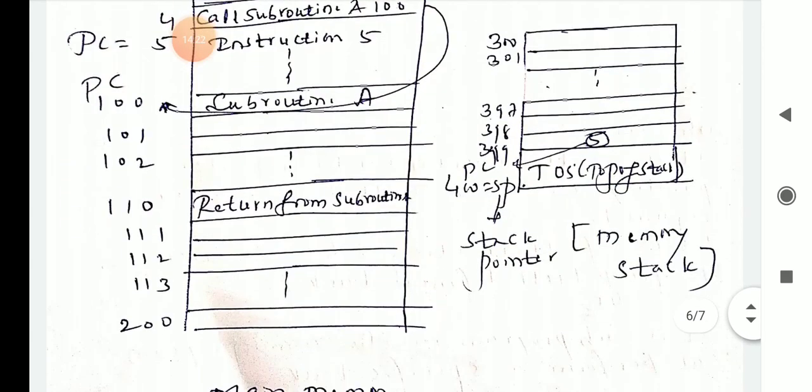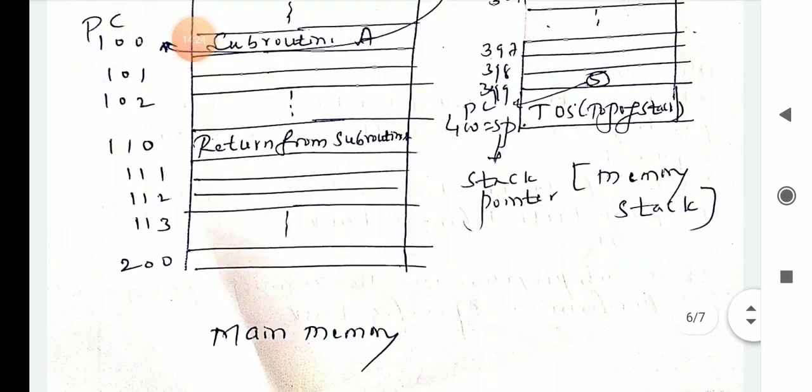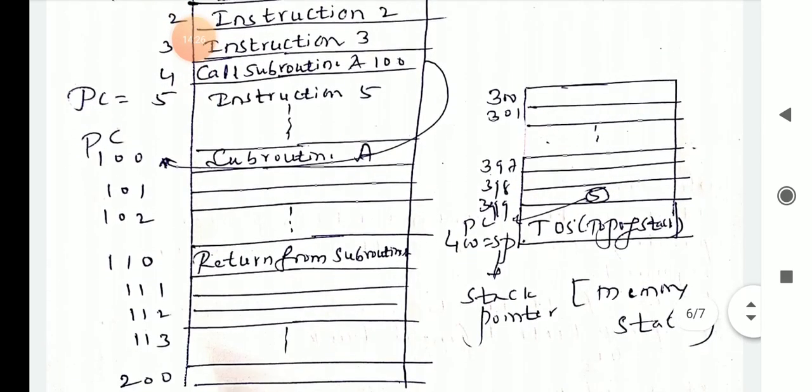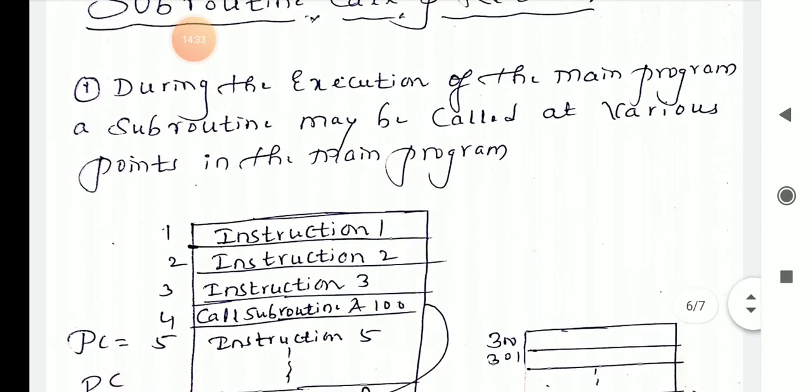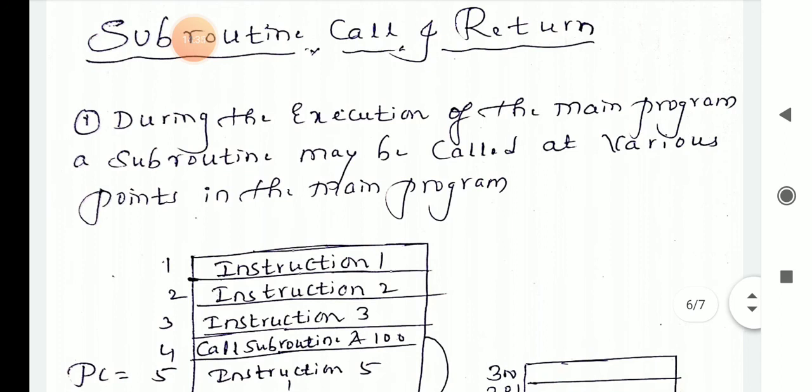So then how are we going to use that? For that purpose you need one memory diagram, the main memory diagram. So you need one memory stack. Okay, and also the top of the stack, that is the stack pointer. So first, in subroutine call and return, during the execution of the main program, a subroutine may be called at various points in the main program.